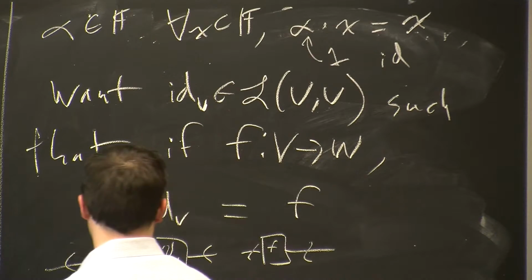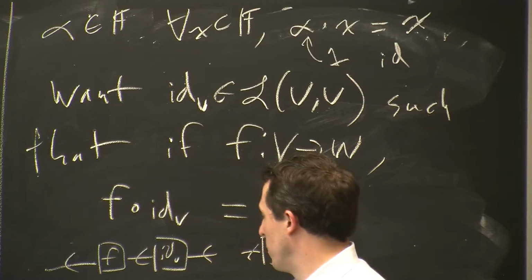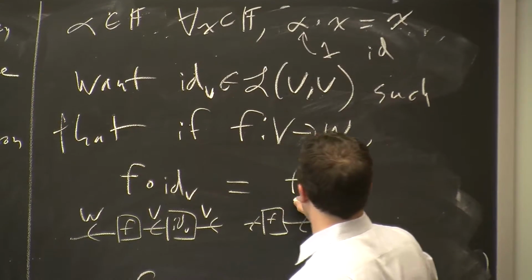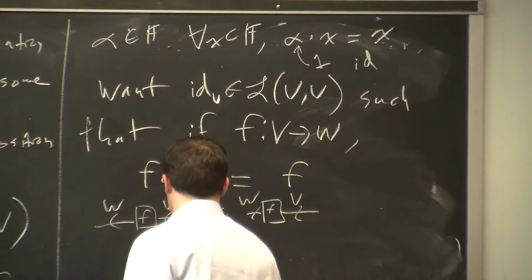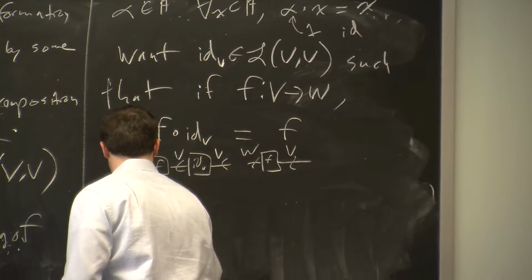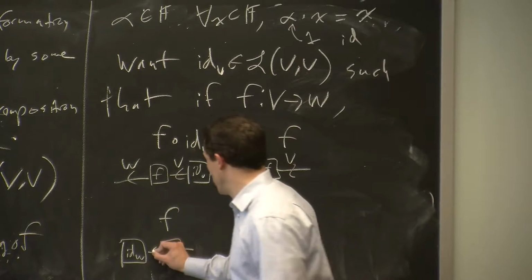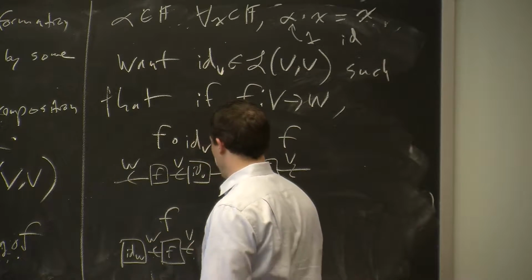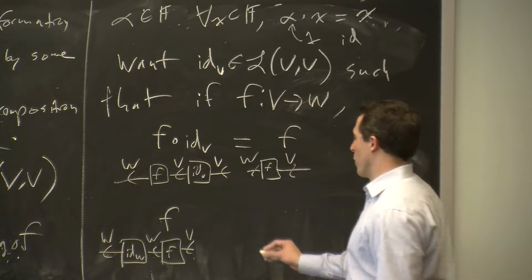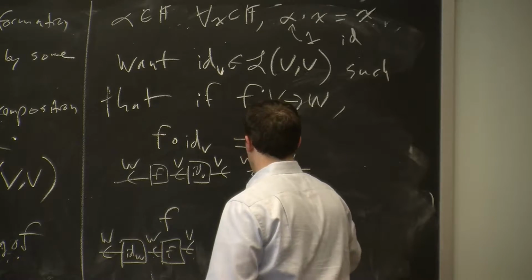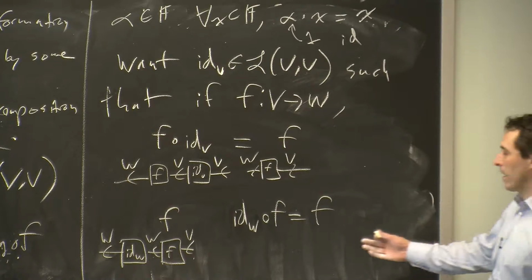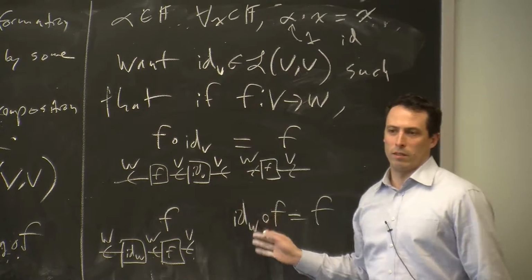And on the other side, if I apply F, which goes from V to W, now I want the identity on W. F goes from V to W, and identity W goes from W to W. We want identity on W composed with F also to be equal to F. And of course, in the case that V and W are equal, these two things will be equal.